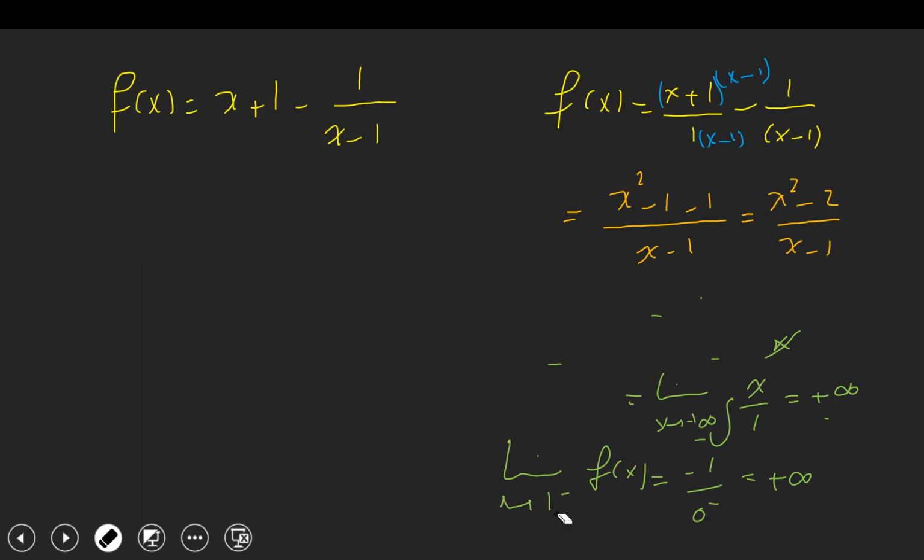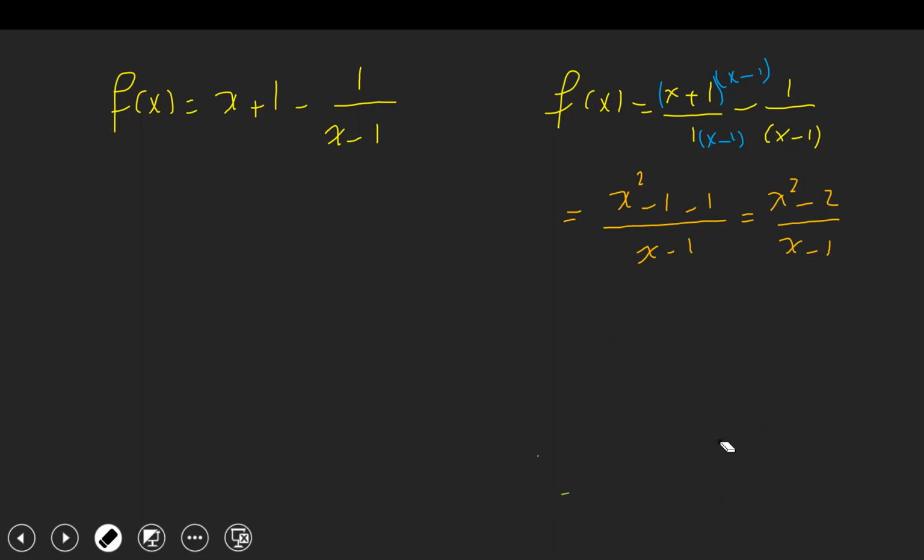But now we want to calculate the derivative. We can do this common denominator and find the derivative, or we can find the derivative directly. Let's say for this one, f prime of x is equal to, what's the derivative of x? It's 1. Derivative of 1 is 0.